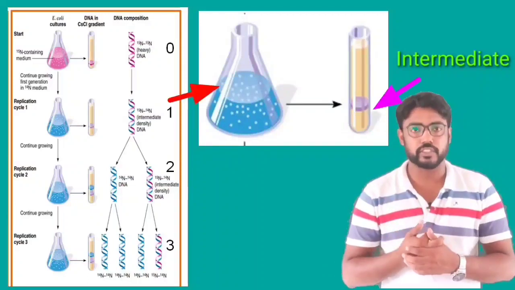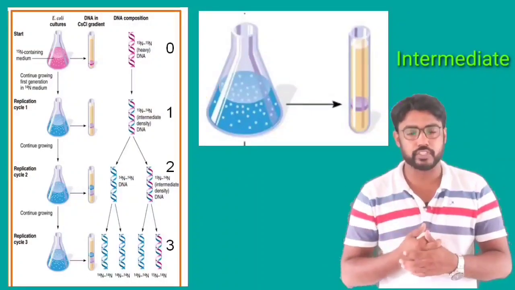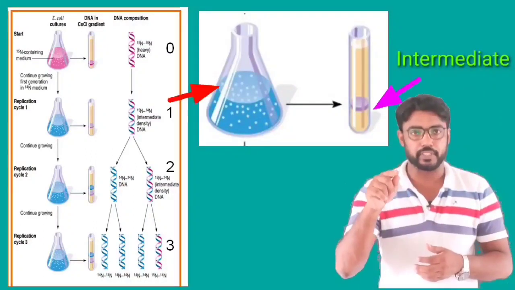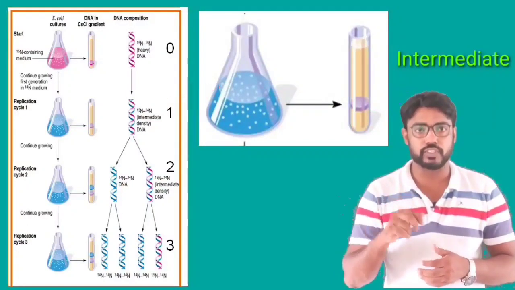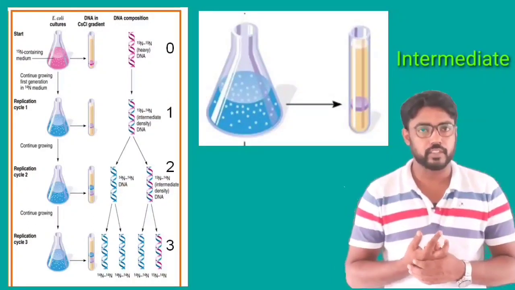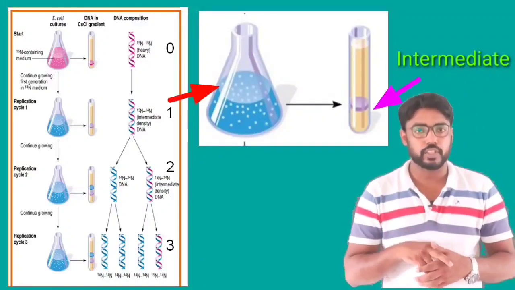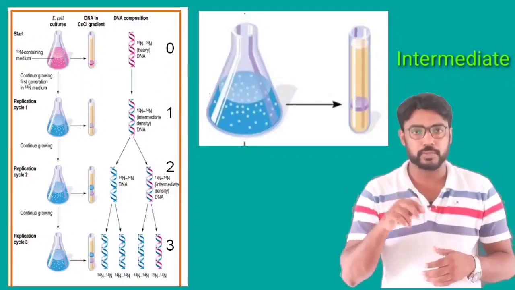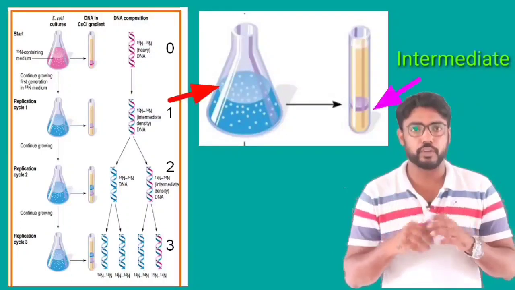This band was lighter than the heavy band that appeared in the zero generation, but it was not at the position of the light band that we expected. It was in between the heavy and light bands. That is called an intermediate band, or middle band.